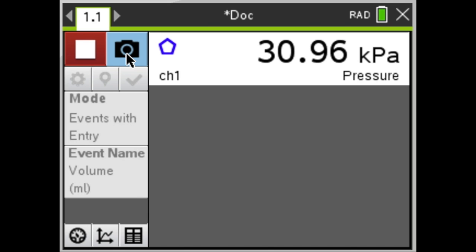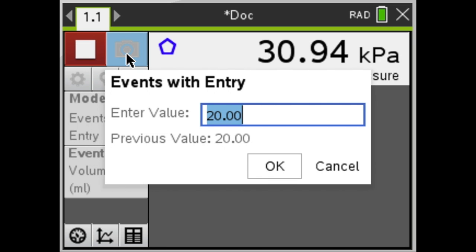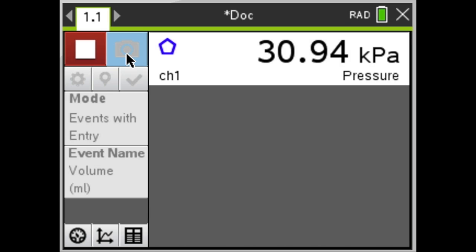Okay, that's 30. So I'm going to take a reading. Okay, I'm going to draw it out to 40. Okay, there's 40.